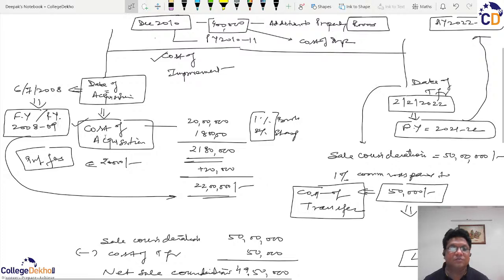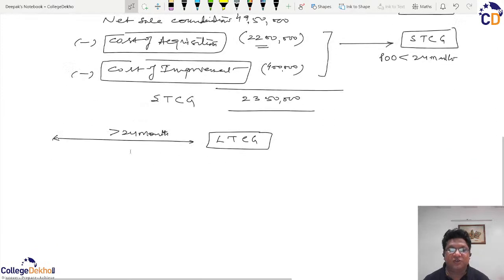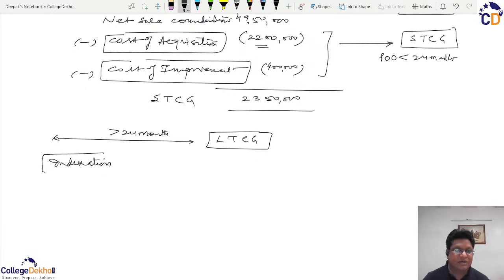So in simple terms, there is a word which we use, that is indexation. There is a specific word for income tax calculation, that is indexation, because this has been done keeping in mind the concepts of time value of money as well as the concept of inflation.